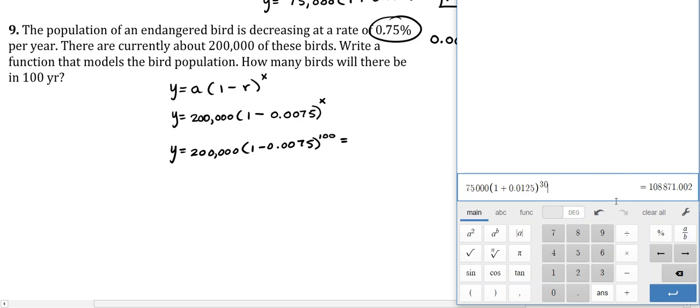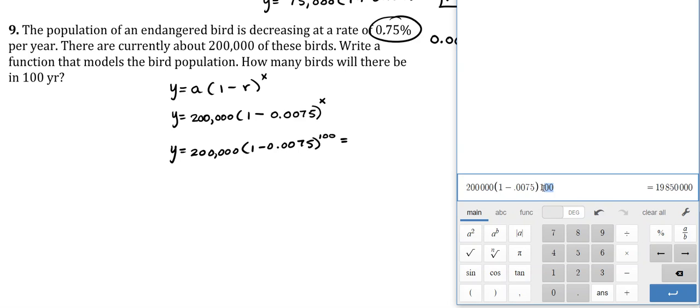Calculator. Oh, I was like, why is this number increasing?